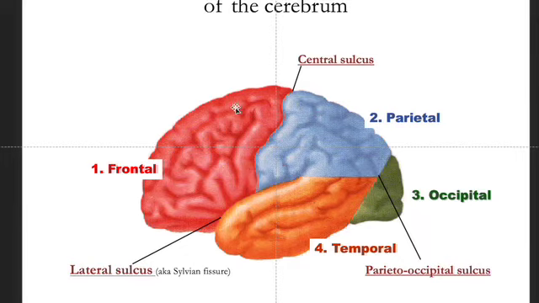The main way you can identify it from all these other sulci is you're going to find an entire gyrus from top to bottom down to the lateral fissure here. I learned this as fissure. Lateral fissure separates off the temporal lobe, and then separating the occipital lobe, you have a parieto-occipital sulcus. Great name, right? Between the parietal lobe and the occipital.